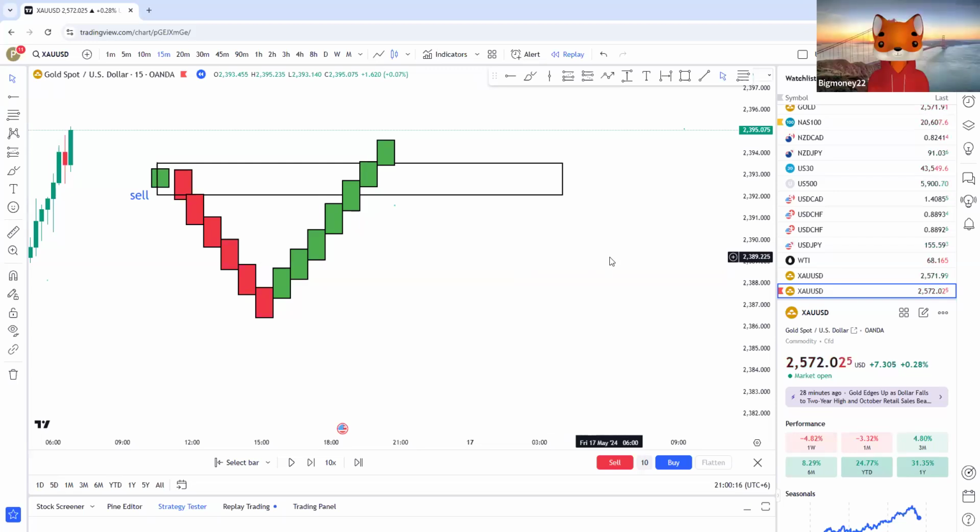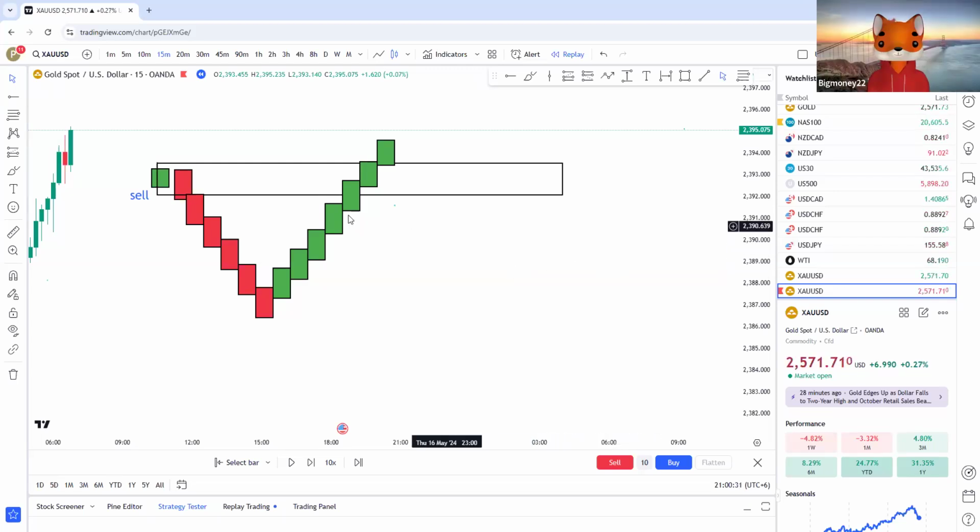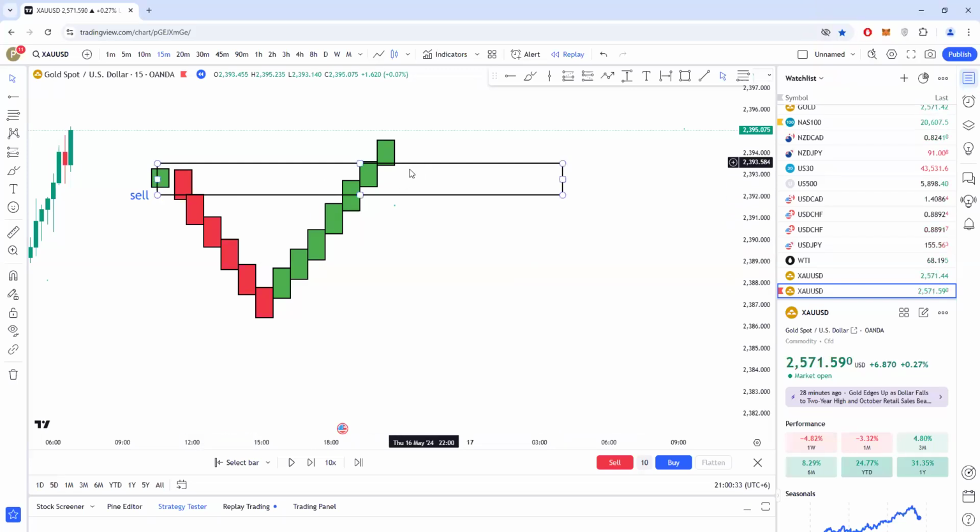I have already taught 100+ people, so I know every question that could be asked, because every question has already been asked. So this particular box is becoming a buy zone, and we are going to buy from here if the market comes back here.